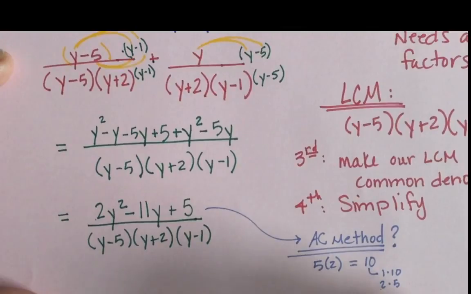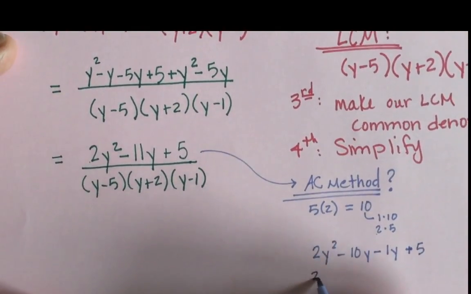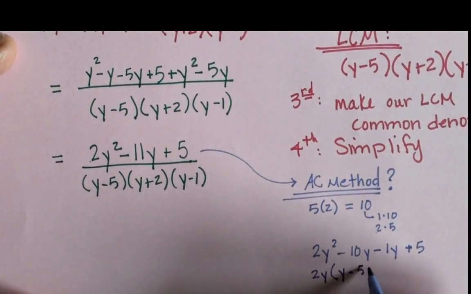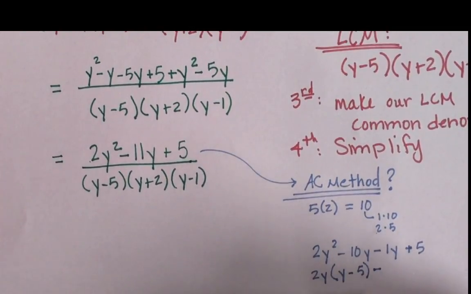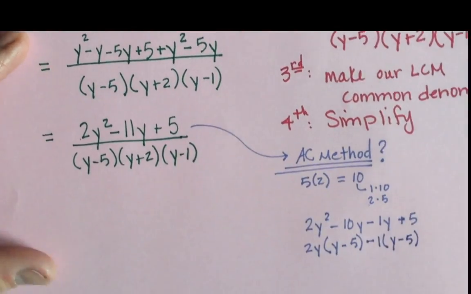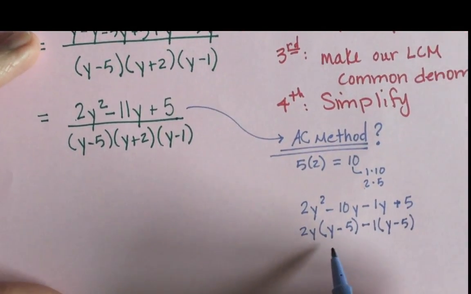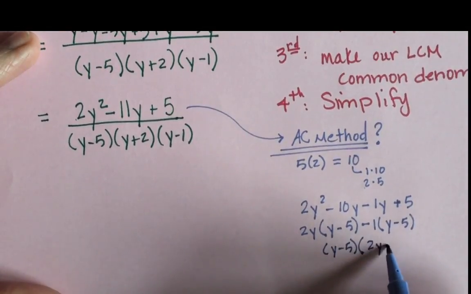So let's see, y squared minus 10y minus 1y plus 5. And then we're going to factor out a 2y and get y minus 5. We're going to factor out a negative 1 and we end up with y minus 5. So we end up with y minus 5 and 2y minus 1.